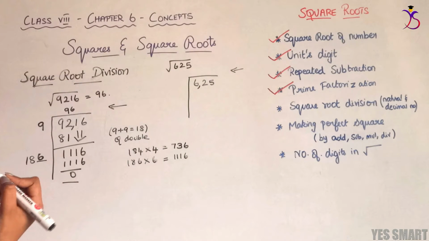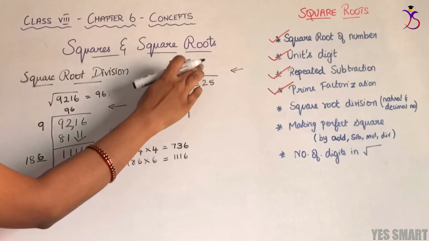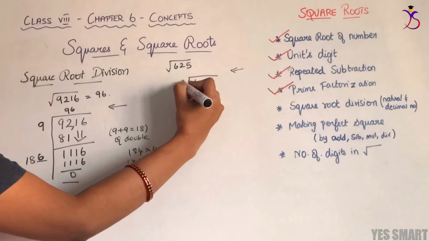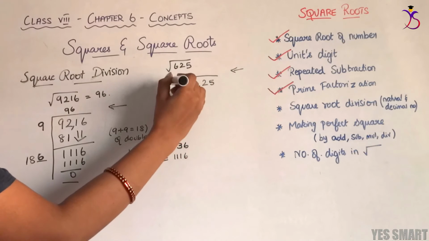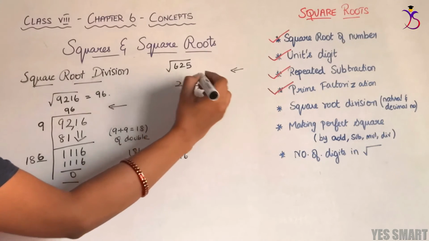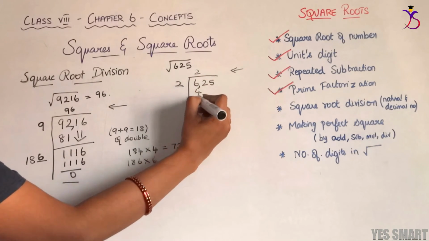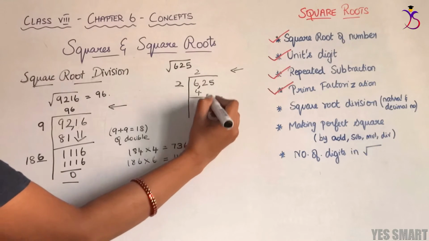Now the 6 is alone without a pair, but that's fine. We can just proceed as normal square root division. Now I have to introduce a divisor which becomes the quotient as well. So I'm just trying with 2. Since 2 2s are 4, that is somewhat near to 6. So we will get the remainder as 2.